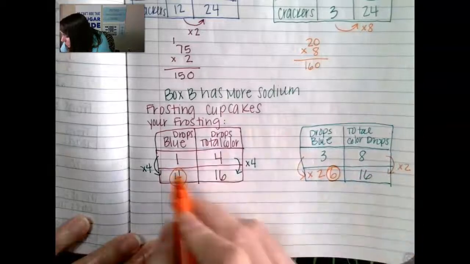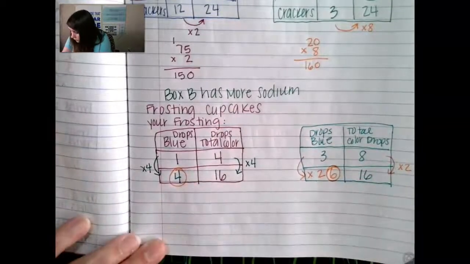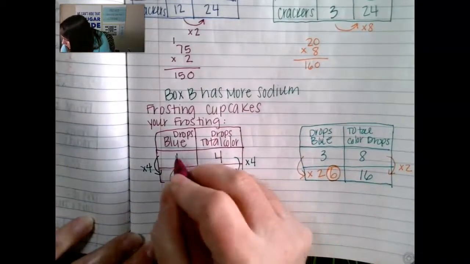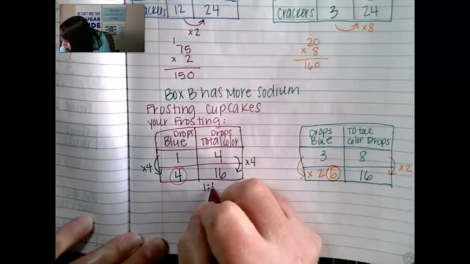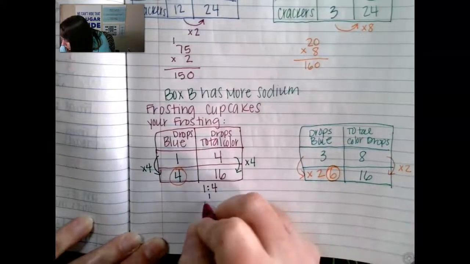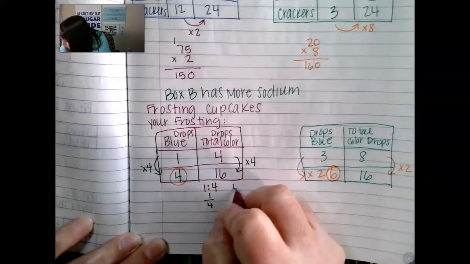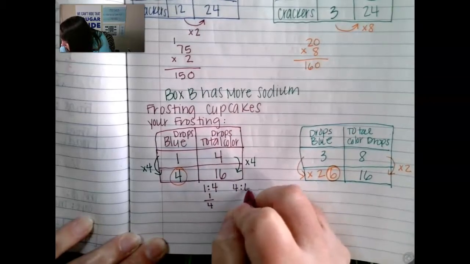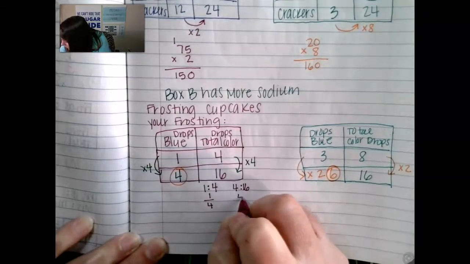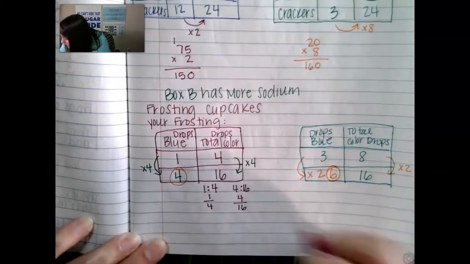Okay, so we can also rewrite these so that if we're confused about our ratios, we can say 1 to 4, which is also 1 over 4, or you can write it as 4 to 16, which is also 4 over 16.